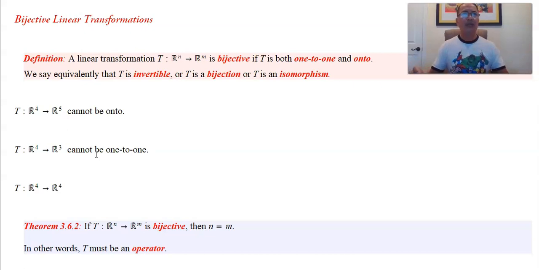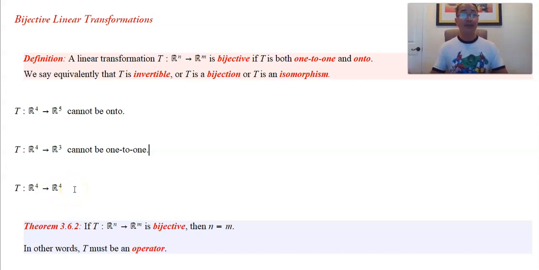So in other words, if you want a transformation to be both one-to-one and onto, it has to go from one Euclidean space to the same Euclidean space. That's the only way that you have a fighting chance that it will be both one-to-one and onto.